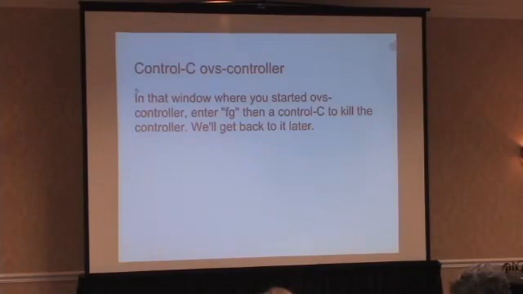Okay, so there are 2 modes that the switch can be configured for. One is called fail secure, and the other is called fail open. And you configure these outside of the OpenFlow protocol. So for example, there has to be some way to configure the switch to tell it its IP address and what controller to point to.